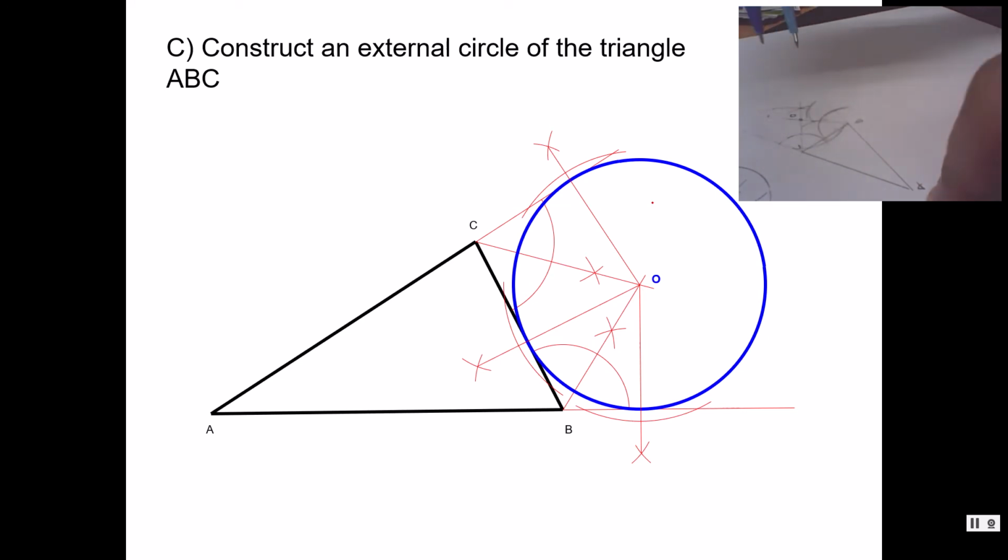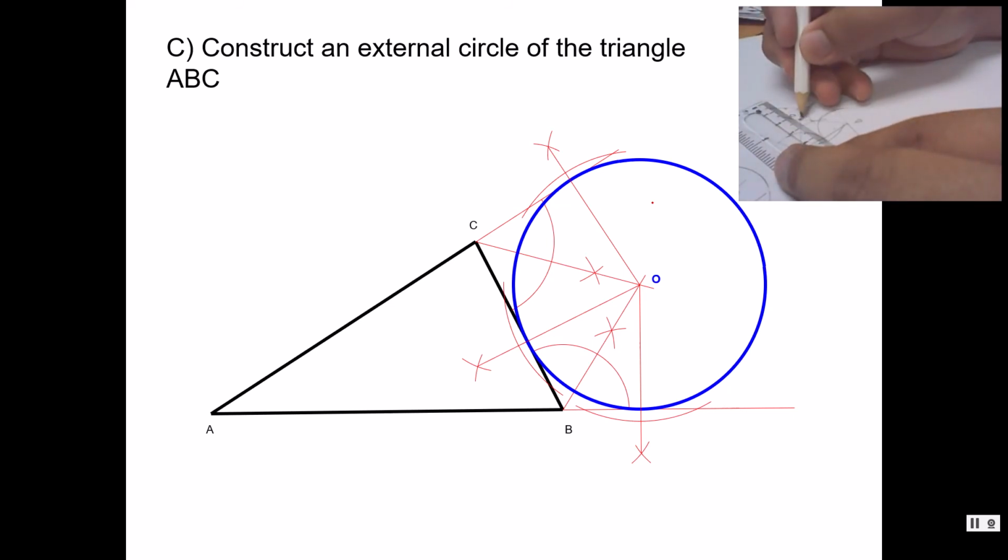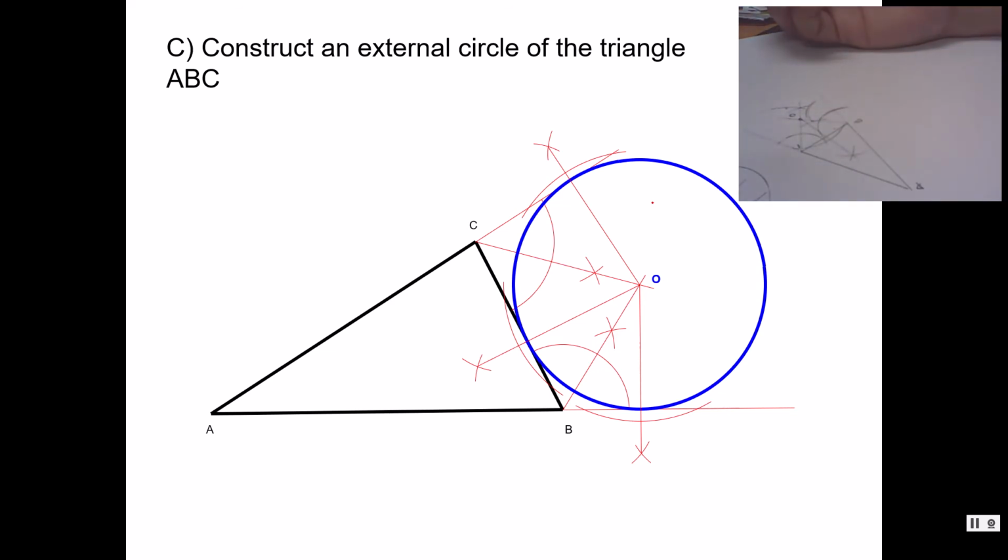Okay, so just draw a line like this, and like this. From point O we draw one straight line to here, so that we know this is the point that the circle should touch.